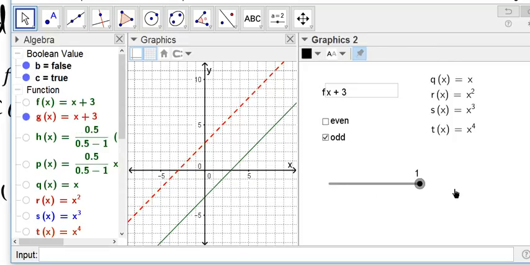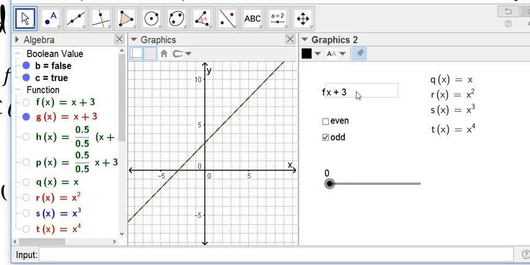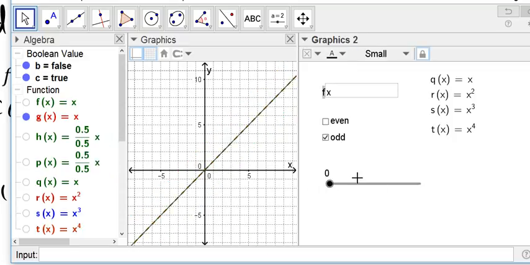Well, now it's not. We're only talking the parent functions here, and we're talking even and odd of the functions. That's not symmetrical. So x plus 3 is neither. But just x is odd. That goes for all of them.